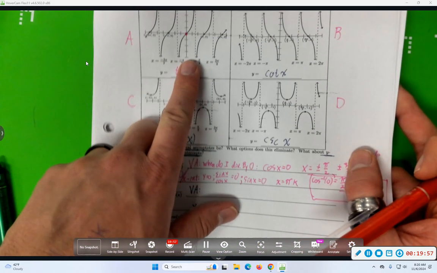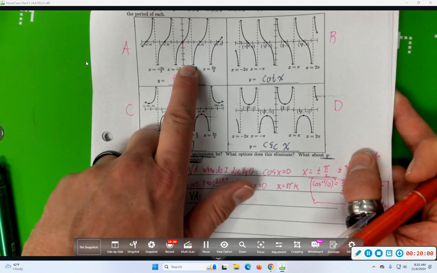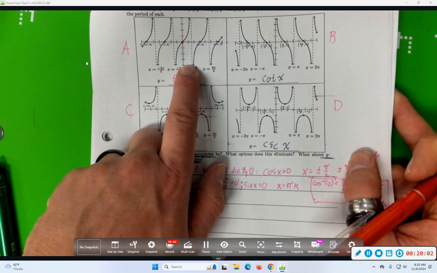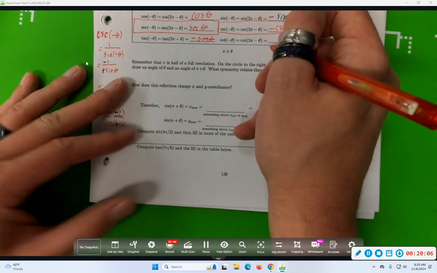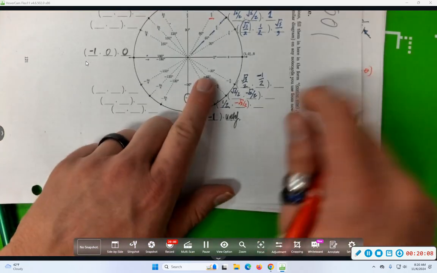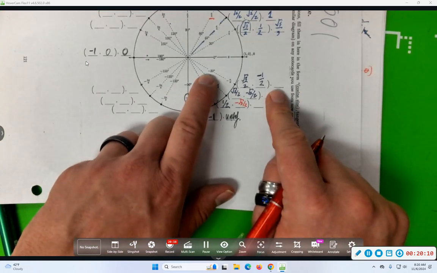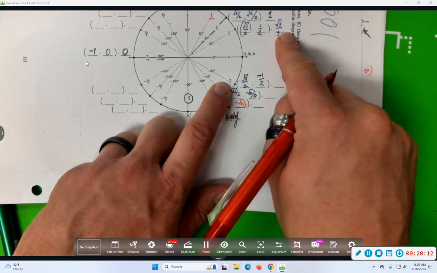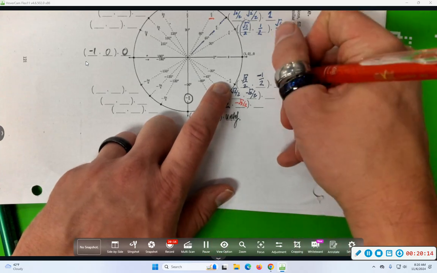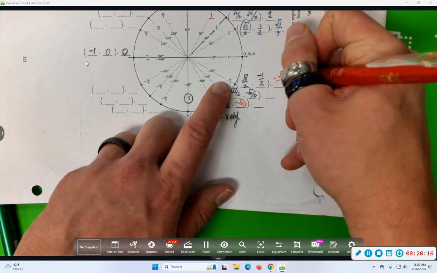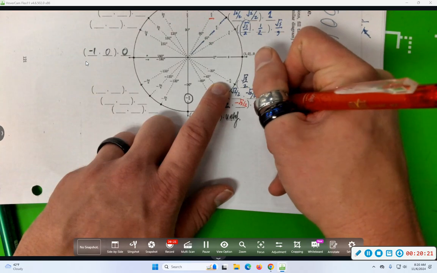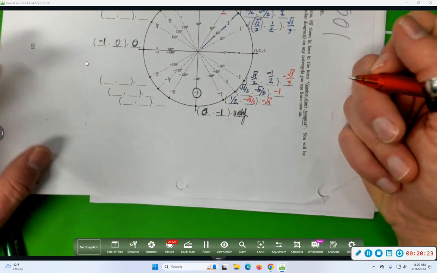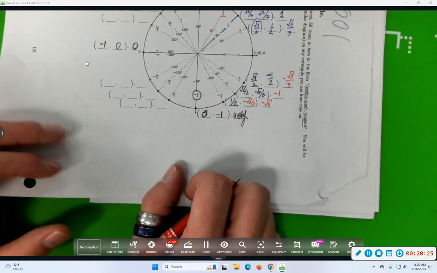Does that look odd? Yeah, pinned down at the origin. All right. So, what else can we do? We can now fill these in. Tangent of negative pi over 6 will be negative tangent pi over 6, so negative root 3 over 3, negative 1, negative root 3. Groovy. That go pretty okay?